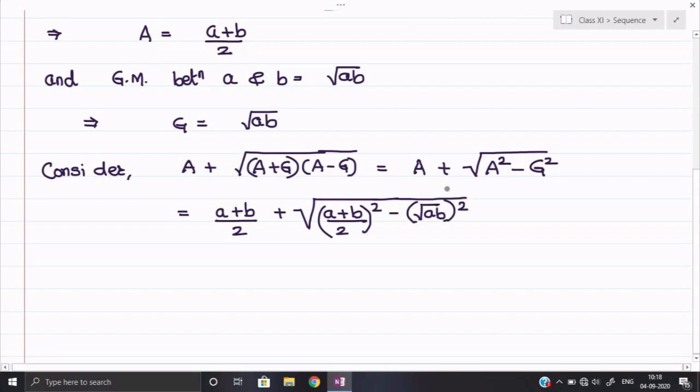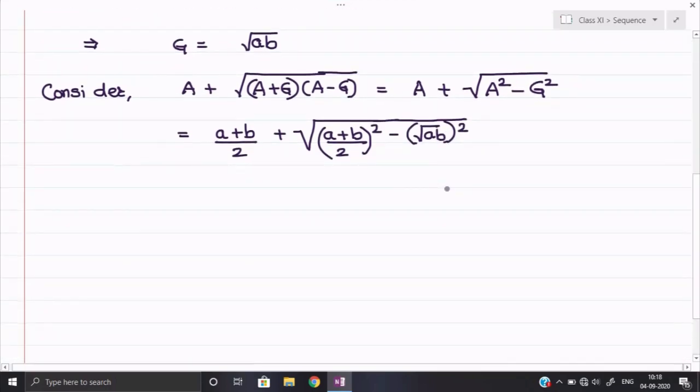Now let us simplify further. So this will be (a plus b) upon 2 as it is, plus, now inside the root we shall try to simplify the given values. So ((a plus b) upon 2) whole square becomes (a plus b) whole power 2 divided by 4, minus only ab.